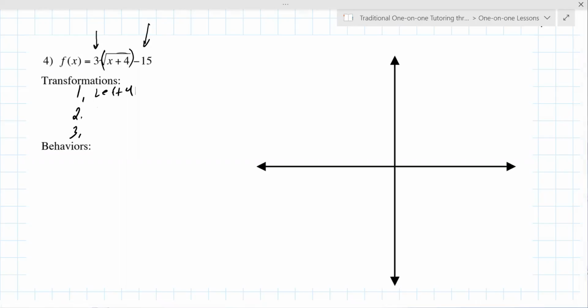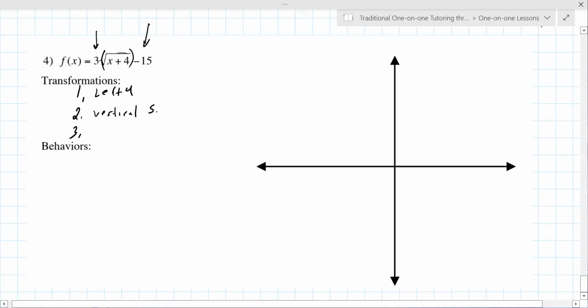Yes. Okay, so the 3 is a vertical stretch of 3. And then what about this minus 15? Down 15. Perfect.